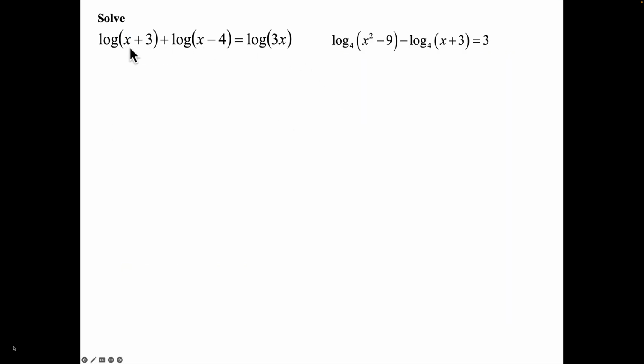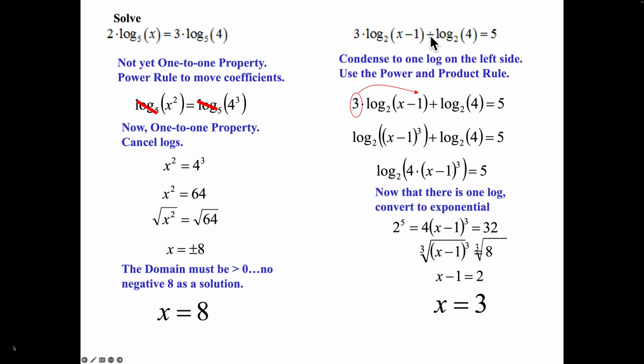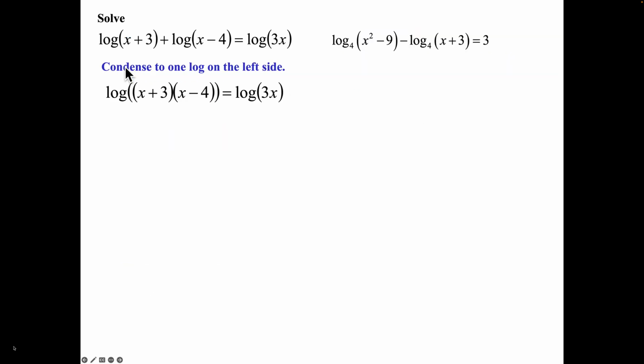So now I know I'm correct. Okay. Whoops. Now, wait a minute. Now we have 2 logs on the left, 1 log on the right. So if I could condense this side to 1 log, okay, back here was the plus sign, so that's going to be the product rule. We condense it to 1 log, then I can cancel my logs.